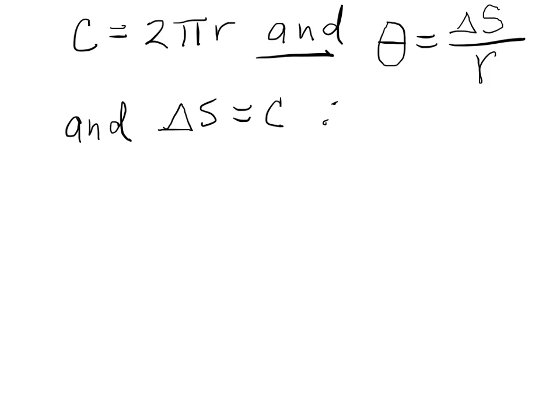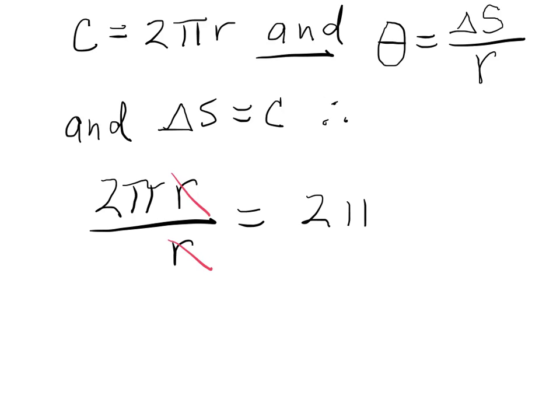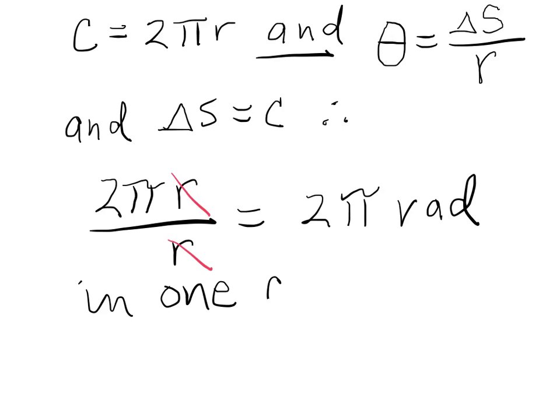Therefore, and yea, verily, I saith unto you, that 2 pi r over r is 1 circle. So there are 2 pi radians in 1 circle.